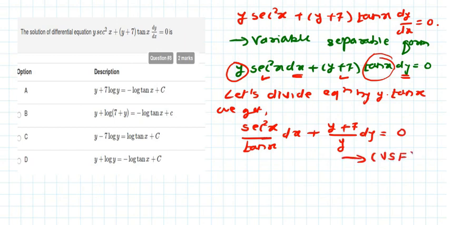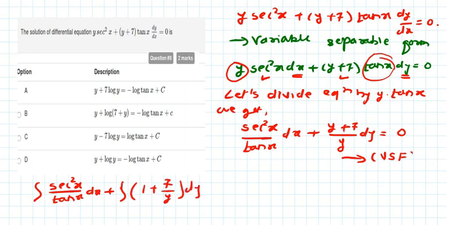Now this is our differential equation in variable separable form. Once it is in variable separable form, we can find its solution by integrating. This is integration of sec square x upon tan x dx plus integration of 1 plus 7 by y dy equal to constant.